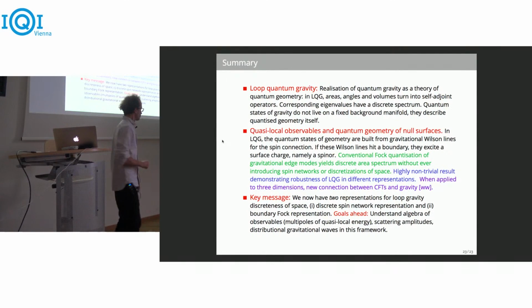So let me summarize. So first of all, we were discussing the notion of gauge and why it is important in gravity. It is important in gravity because in general relativity, the relevant gauge transformations are diffeomorphisms, coordinate transformations.